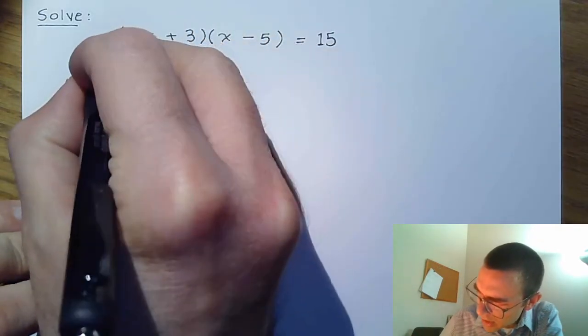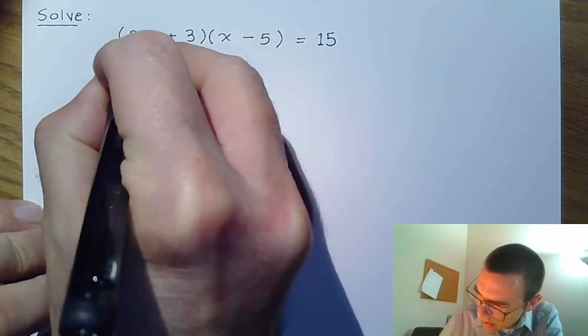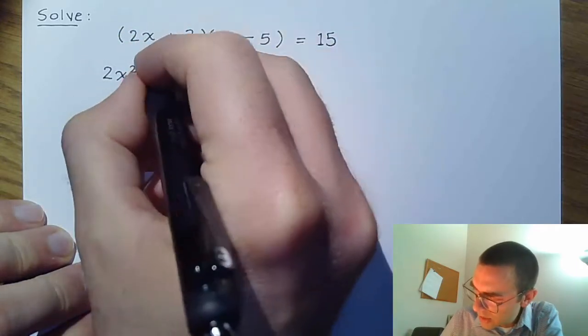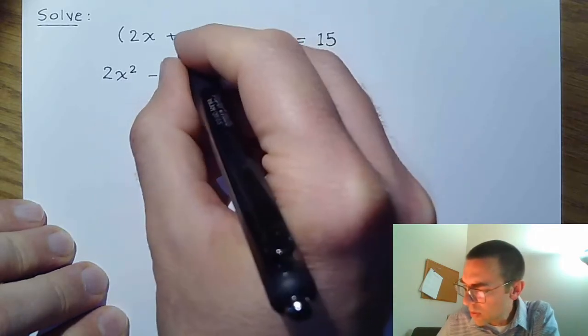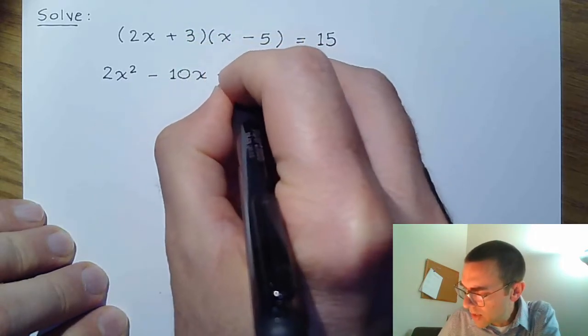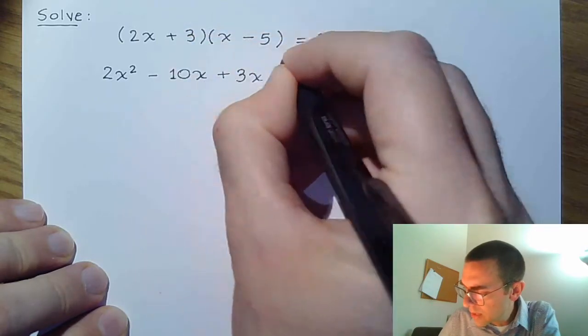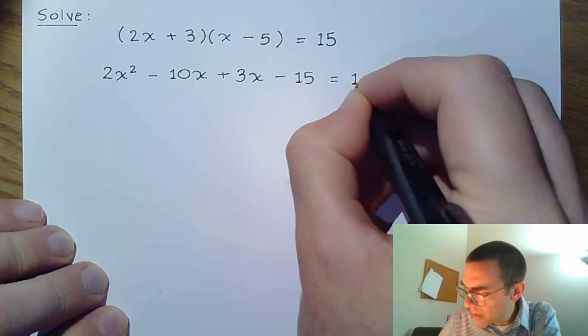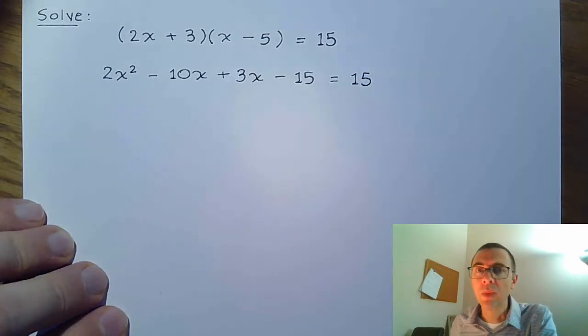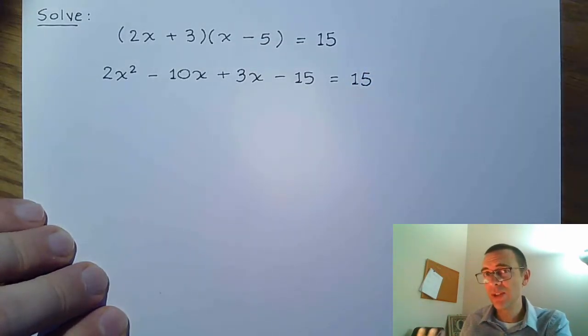So 2x times x is 2x squared. 2x times negative 5 is negative 10x. 3 times x is positive 3x. 3 times negative 5 is negative 15. And then I still have the positive 15 on the other side. All right, well, I said we need to get everything to the same side.